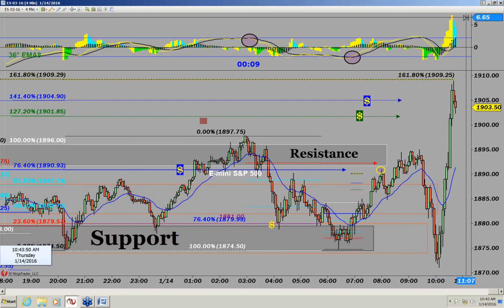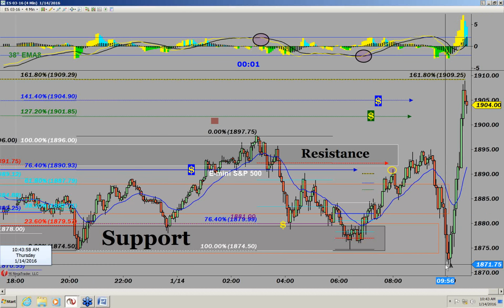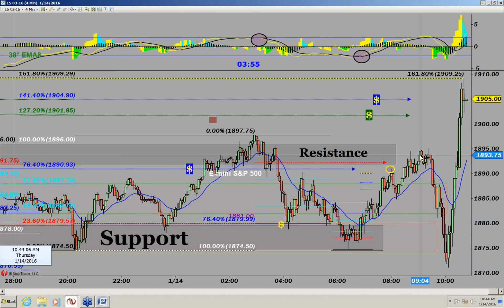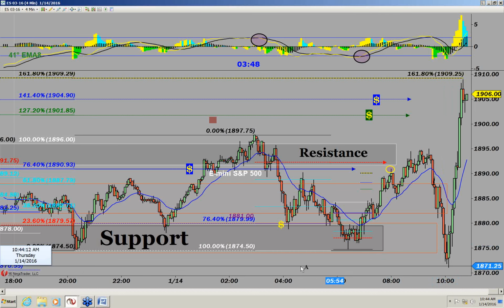Let's move this to the real time. Move back down here to the support area. I'll put A on the crosshairs so you can follow the crosshairs. Moved up to resistance from support. From here, it moved to resistance. It moved back down and retested support, went slightly below.